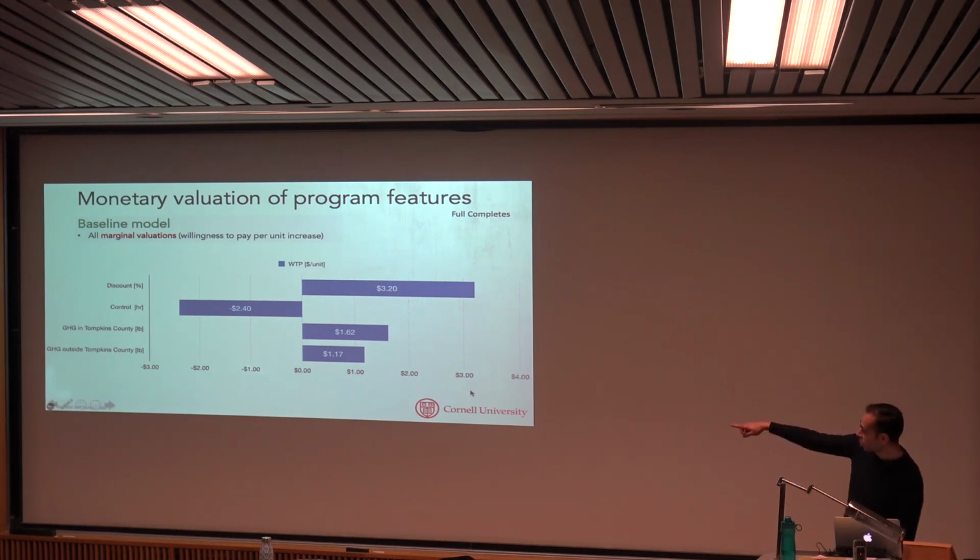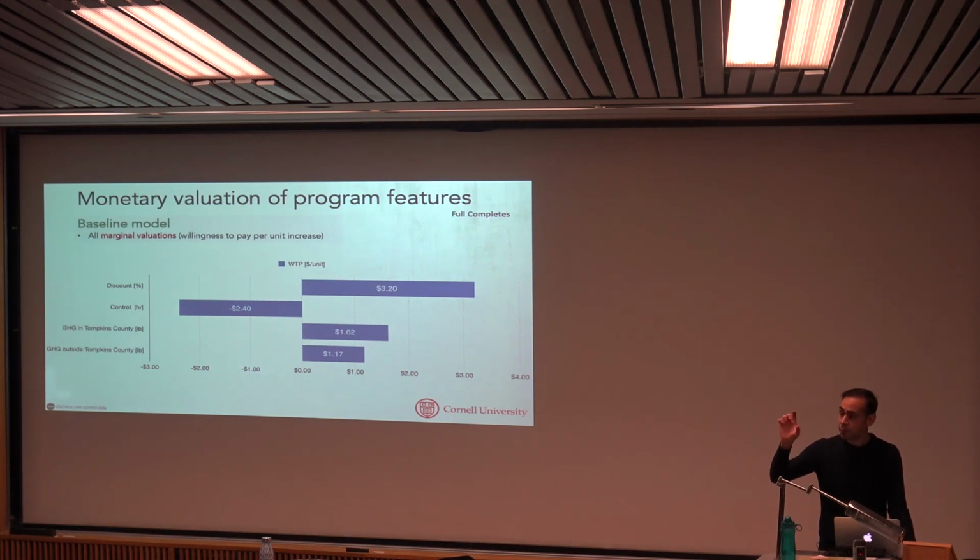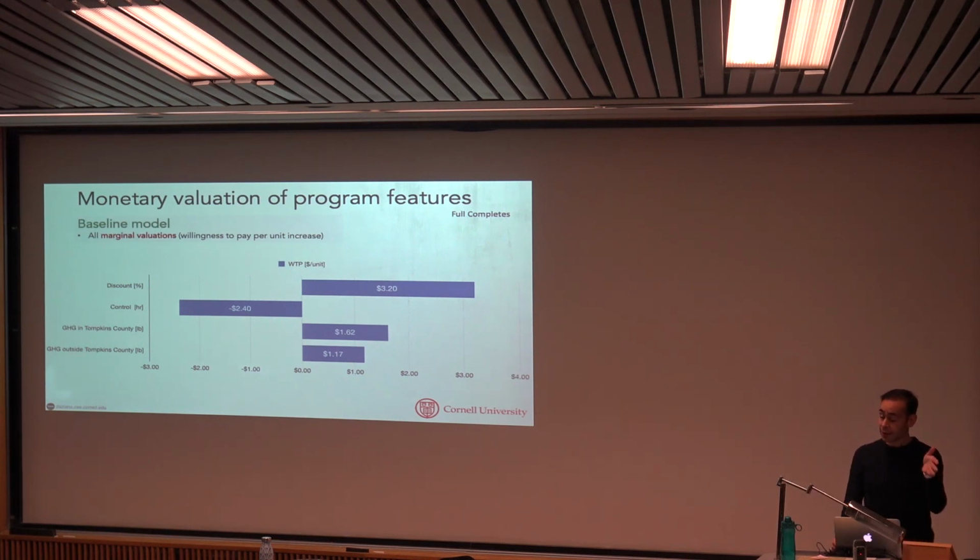Then I'll discuss emissions, which were measured in pounds. So again, it's a marginal thing. If I increase 1 more pound in the emissions that I can save by delaying my charging, I have a willingness to pay in the annual fee of the program. But you can see that I have 2 values there because we were able to obtain 2 valuations based on whether people reside in Tompkins County or not.